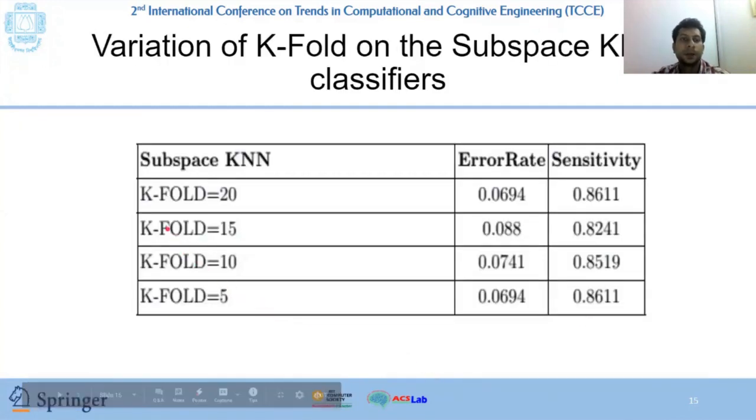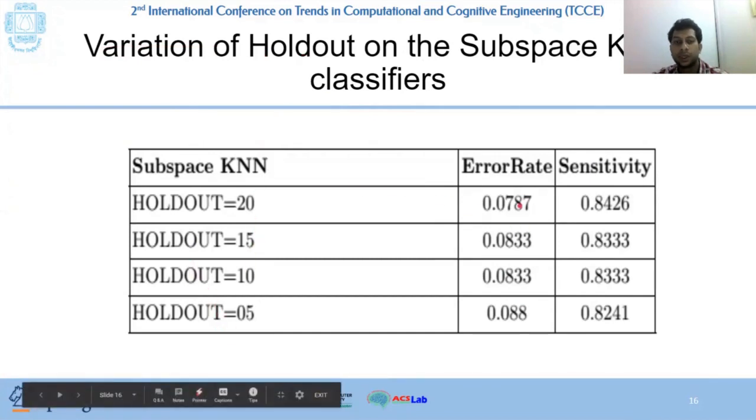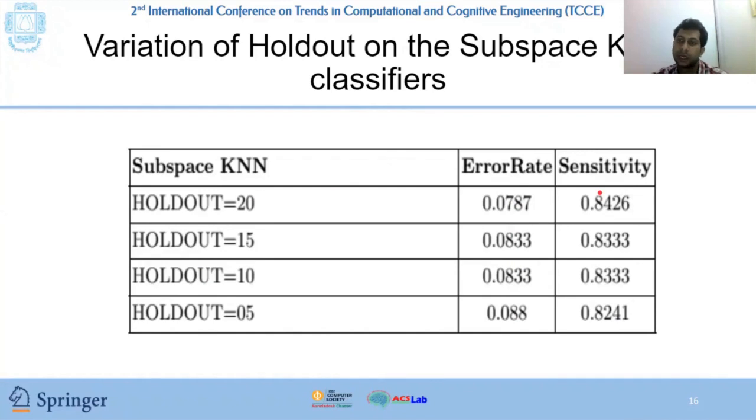But on the variation of k-fold on the subspace KNN classifier, it has been observed that when we increase the number of k-folds, the sensitivity also increases and the error rate decreases. Similarly for holdouts, if we increase the holdout percentage, the error rate becomes less and the accuracy or sensitivity becomes high.